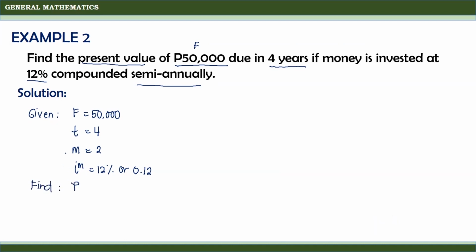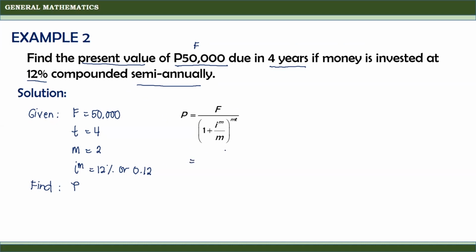In finding the value of P, we can use the formula P equals F divided by 1 plus IM divided by M raised to MT. What we need to do is to substitute the values into our formula.